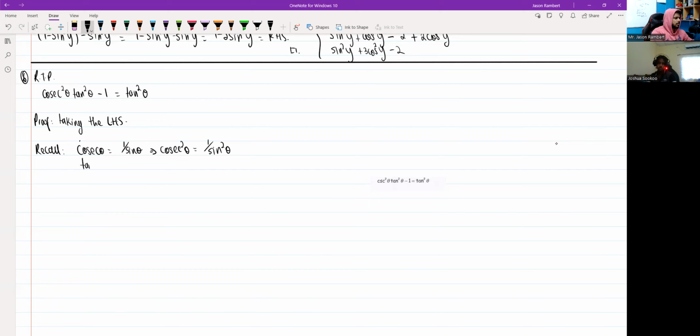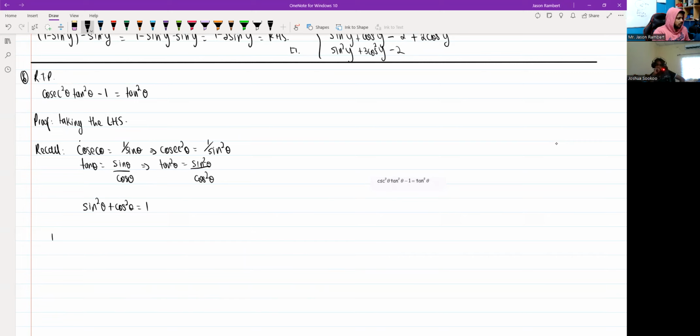Tan theta is equal to sine theta over cosine theta, and from this stems tan squared theta is sine squared theta over cosine squared theta. And you also said that sine squared theta plus cos squared theta is 1.